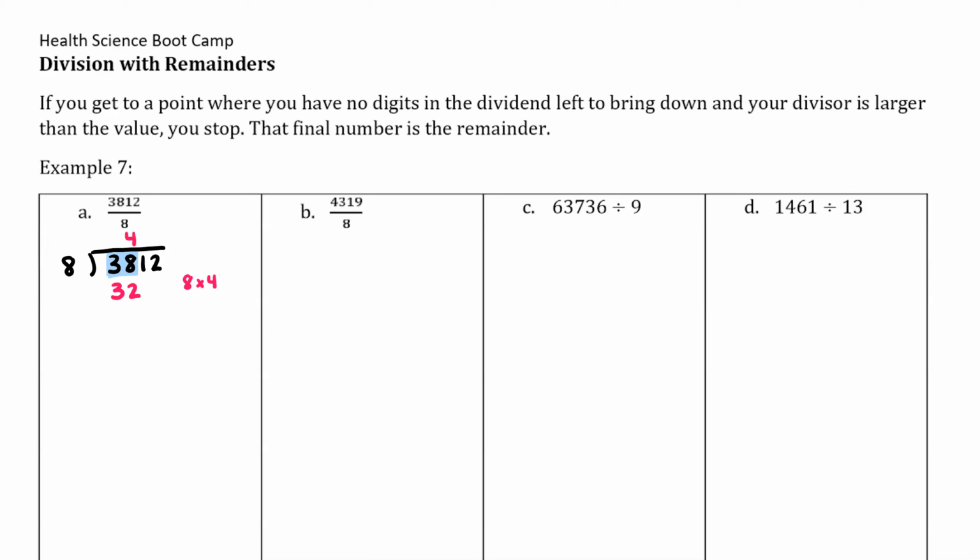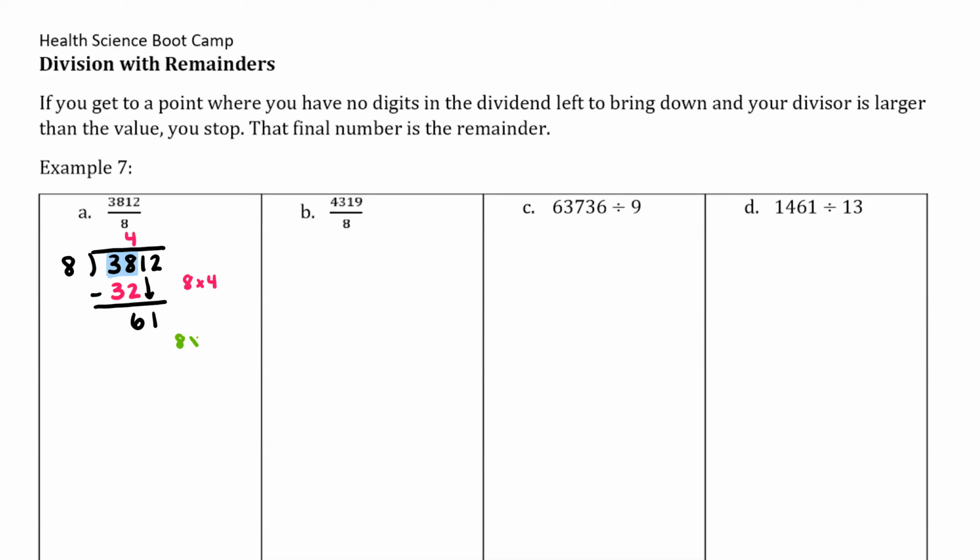So 4 is going to go upstairs. 32 is going to go downstairs for subtraction. 38, take away 32 is 6. And now I'm going to bring down the 1. What number can I times 8 by to get close to 60?